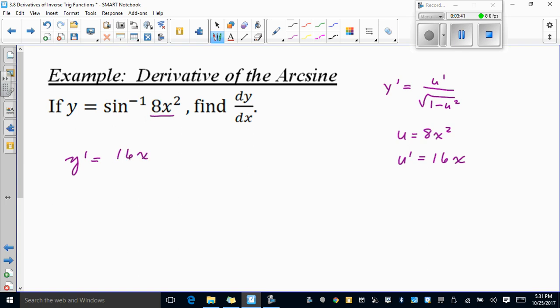So in other words, clean this up a little bit, we get 16x over the square root of 1 minus 64x to the 4th. Some students tend to forget that when you have parentheses, this is u squared, everything that is u is getting squared, the 8 and the x. And you raise a power to a power, multiply.